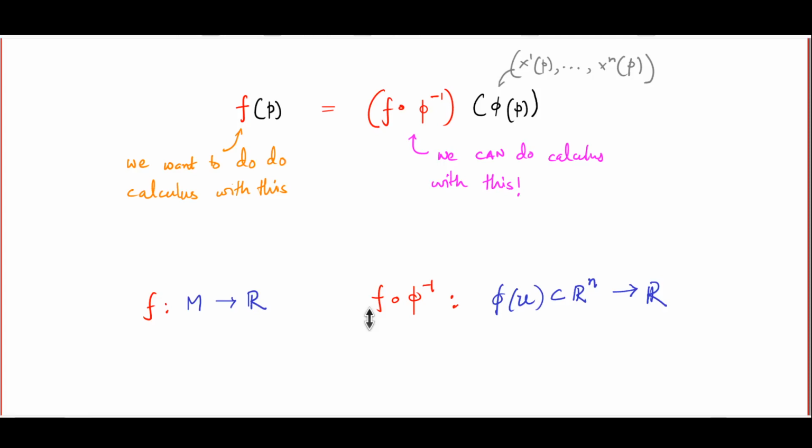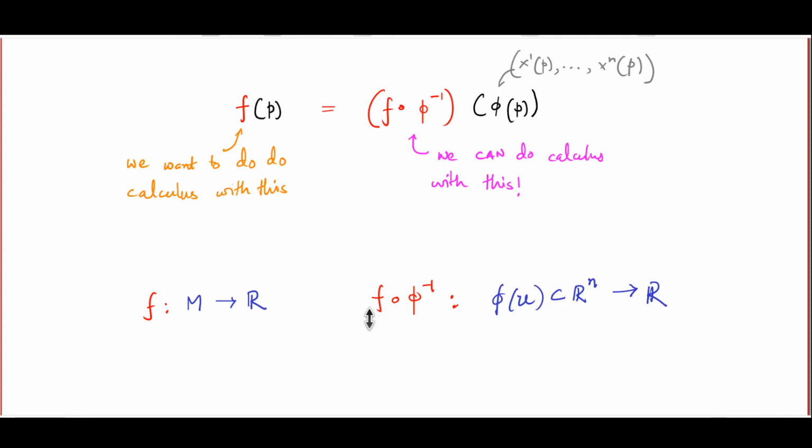However, we have no notion about how to do calculus directly with the function f, but f composite phi inverse, being a function whose domain is phi of U, an open subset of R^n, and whose image is of course R, is something we can do calculus with.